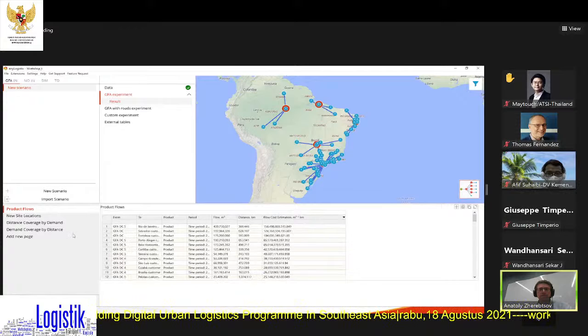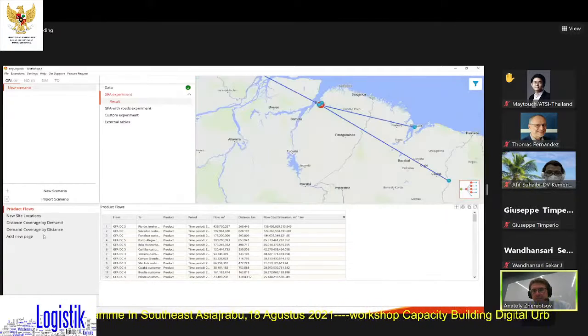And of course, it doesn't give you exact locations where to put your distribution centers, because it's a mathematically correct answer, but it doesn't consider real-life constraints. But at least it gives you an area where your distribution center could be located.